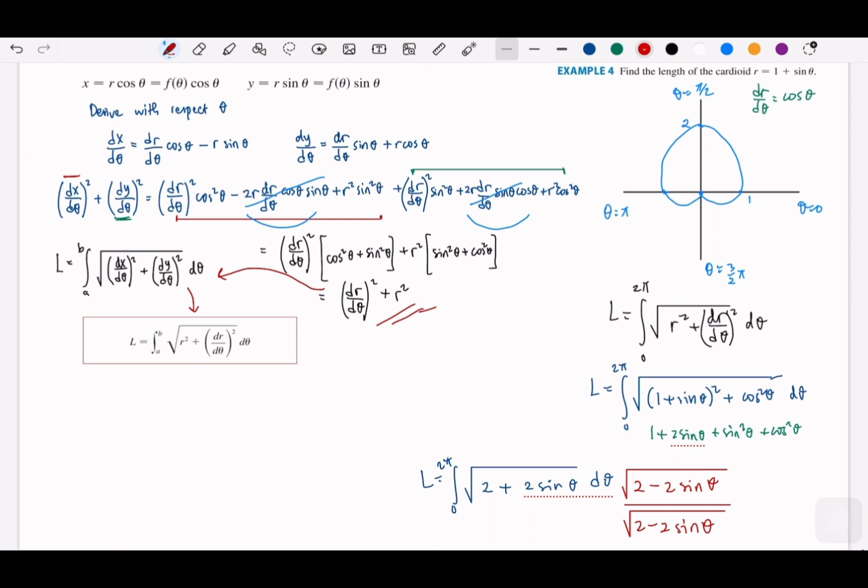And then you have cosine over this, which you can substitute. You can use substitutions. Let me just show you, maybe.